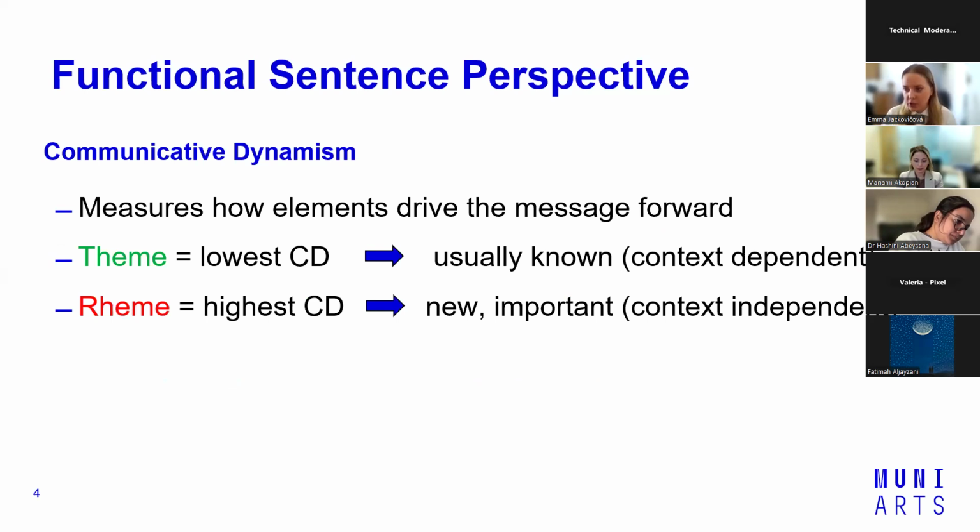Theme has the lowest communicative dynamism. The information is usually known, which means it's context dependent. Rheme has the highest communicative dynamism. That means the information is new, important, usually context independent. This principle helps us understand sentence processing, especially in languages that rely on different organizational rules.